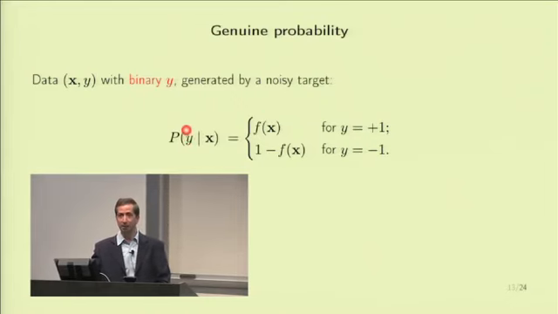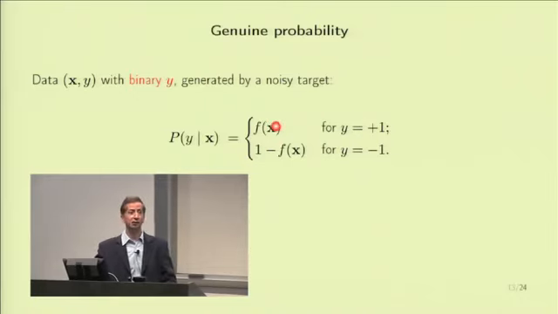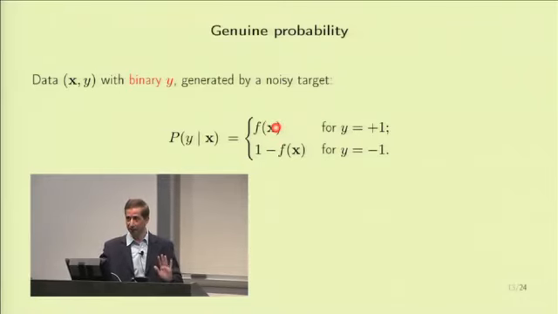I want to take the examples and then generate h that approximates the hidden target function. Understood the game. That's why it's genuine probability. It's not only 0, 1, it's also that the examples that I am given have already inherently a probabilistic interpretation.